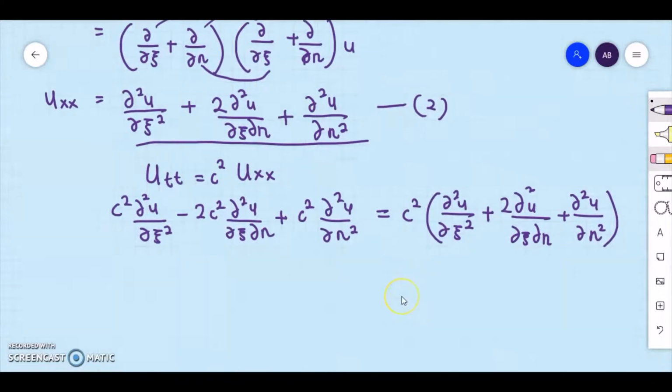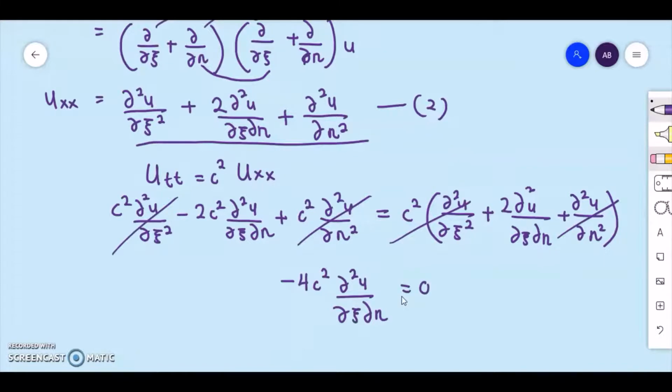So you can see that so many terms can cancel out here. This is negative, so the terms involving this and this cancel out, this and this cancel out. So we only have this term with negative 4, so I have negative 4c squared partial squared u over partial xi partial eta equals 0.